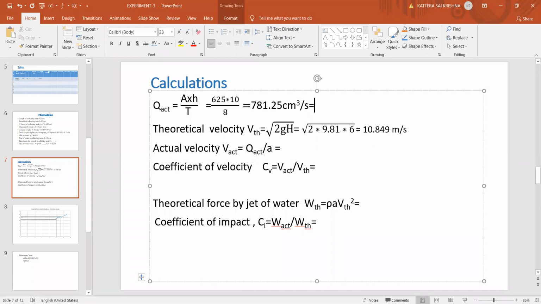So what do we need to multiply? In terms of meters, 1 centimeter equals 10 to the power minus 2 meters. So since it is a cube, we multiply by 10 to the power minus 6. Very good. So 781.25 into 10 power minus 6.